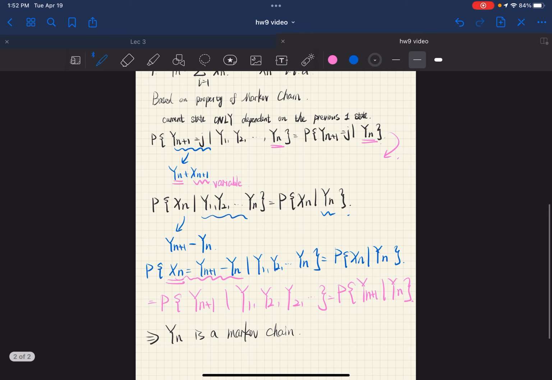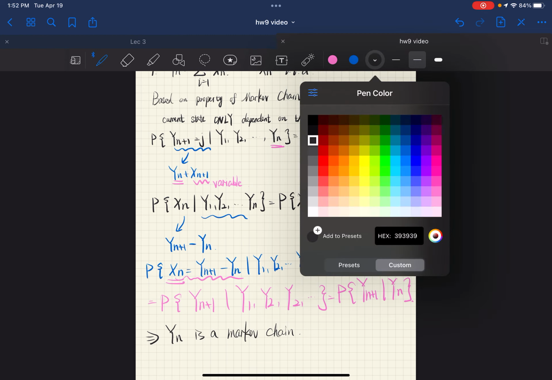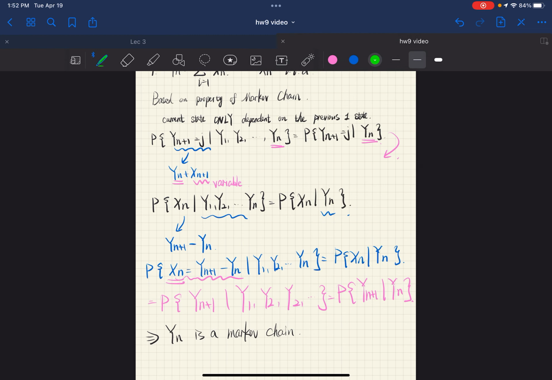we can rewrite this form to remove Yn and Yn plus 1 here.